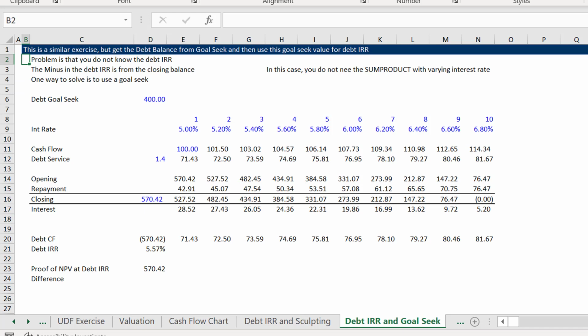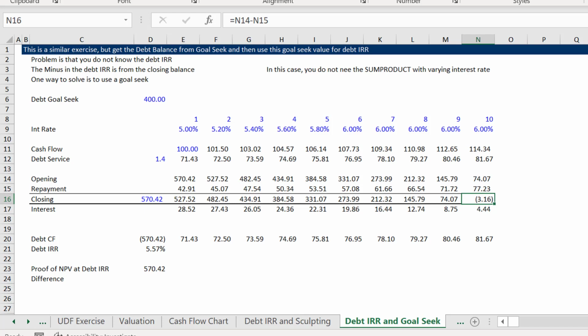Now, you could also do this in the same example. Okay, I put some different interest rates, and we can get our total debt service. Right now, you see this is a fixed amount, and this fixed amount leaves a little bit of a problem. This is how I used to do sculpting, God knows how many years ago.